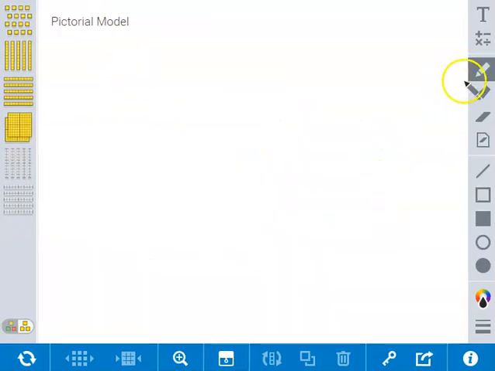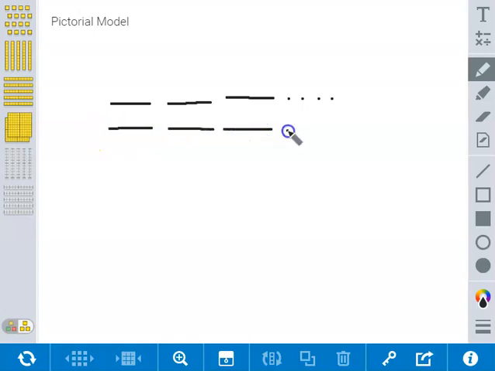Now we will be drawing our pictorial model based off of our concrete model. We know that in one group there are 10, 20, 30, 31, 32, 33, and 34 marshmallows in one bag. In a second bag, we have another 10, 20, 30, 31, 32, 33, and 34.